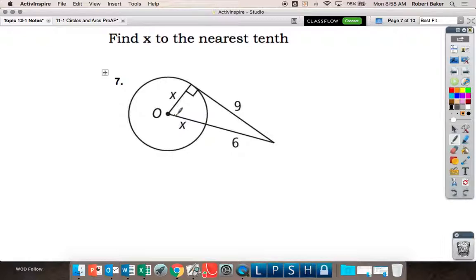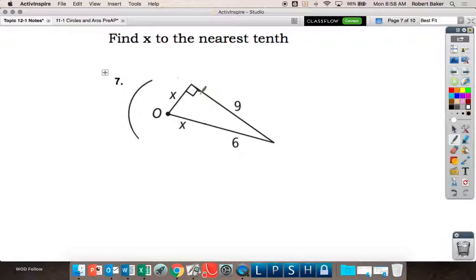Now, let me erase and minimize distractions here. What do you see there? What is that? It's just a right triangle.